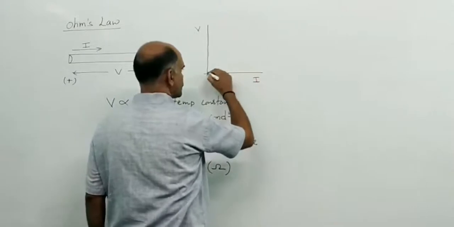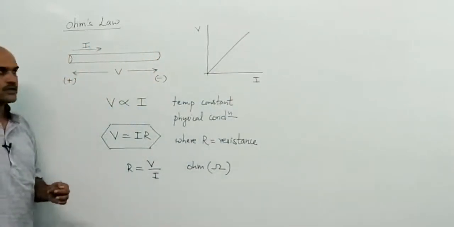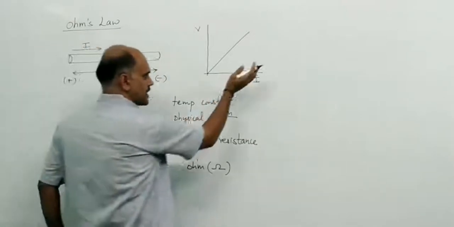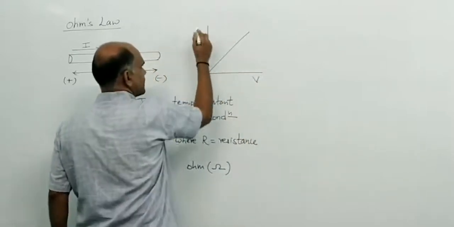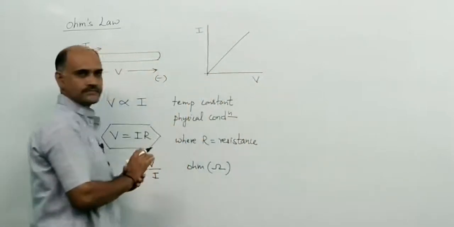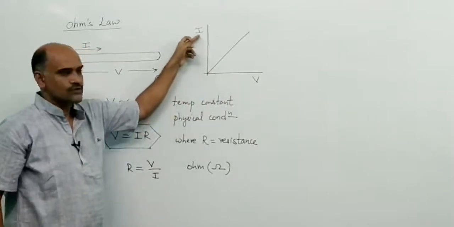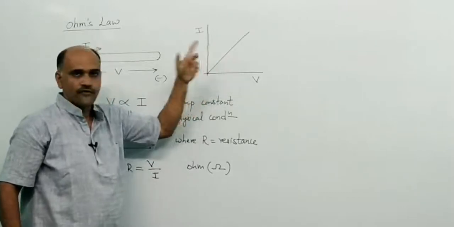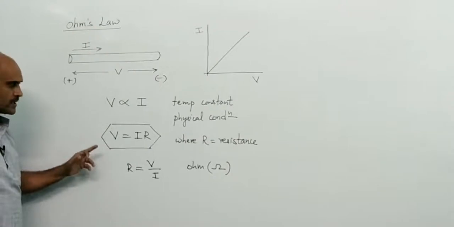Here you can take voltage along x-axis and current along the y-axis. If you go on changing the voltage, current also goes on changing. So graph for Ohm's law you will be having.